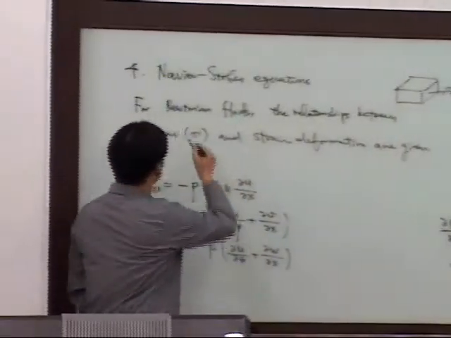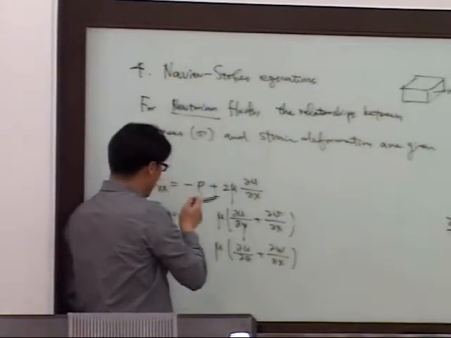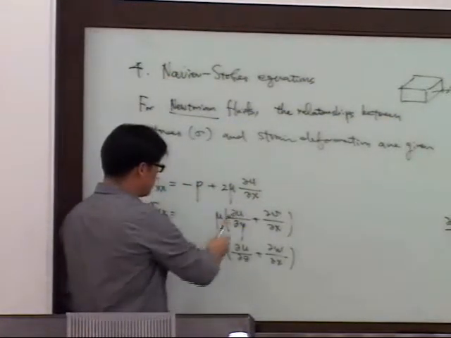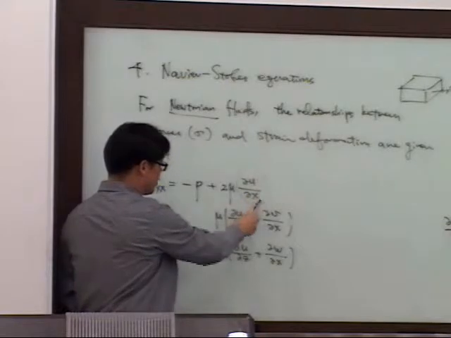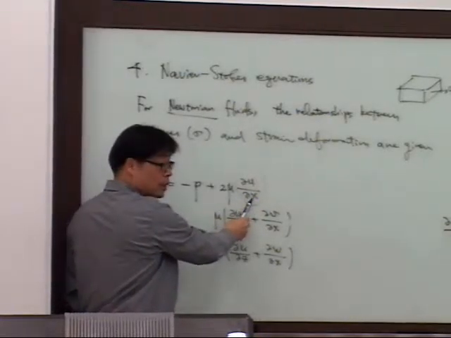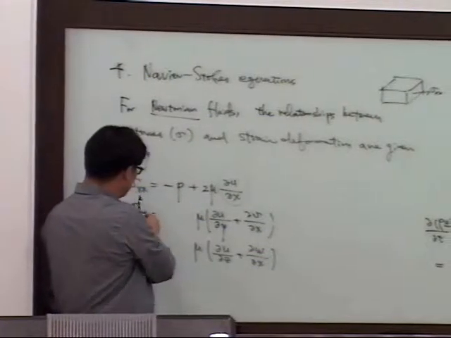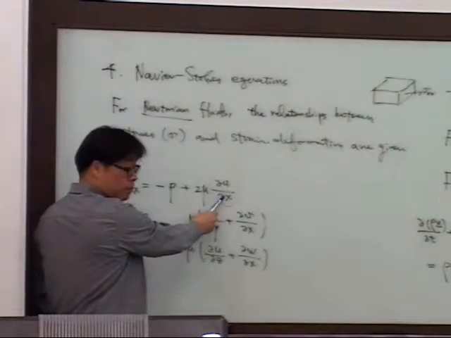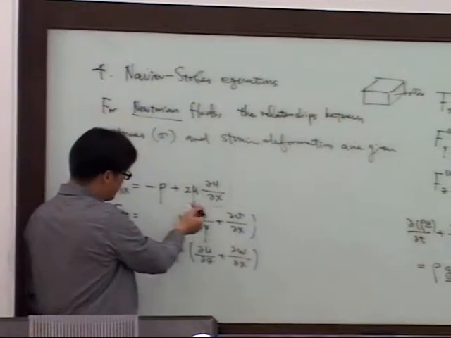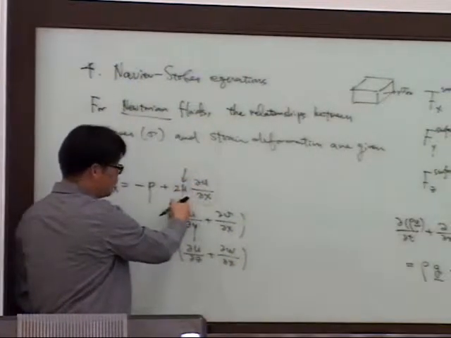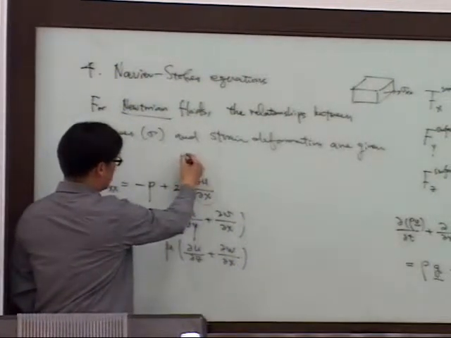And for a Newtonian fluid, we assume a linear relationship between stress and the rate of strain deformation. The proportionality is called mu, which we call viscosity.